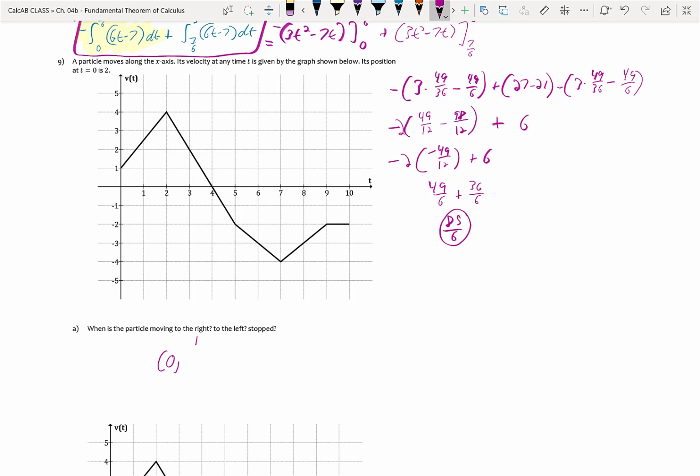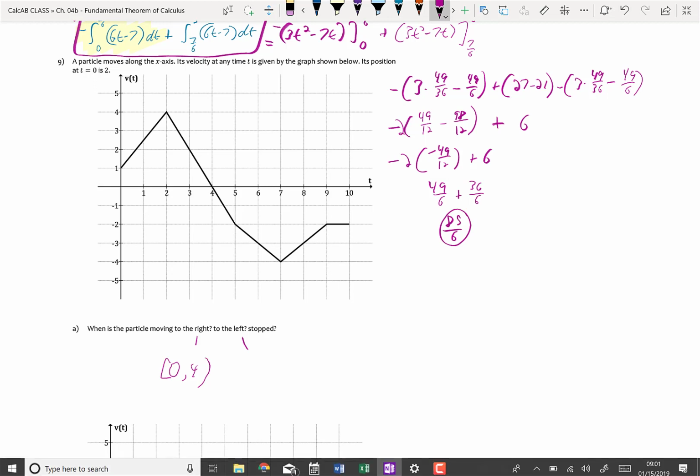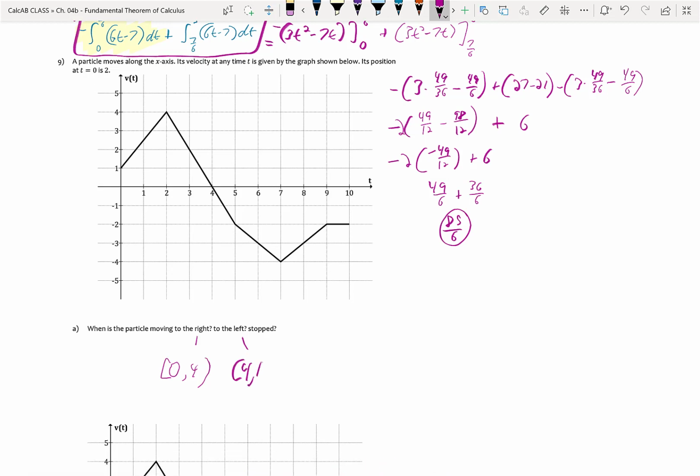So I'm going to just put 0 to 4. Let's include 0 because it's positive there. But let's not include 4 because it's at 0 there. I'm going to do this in interval notation just to change it up, right? 0 to 4. When's it moving to the left? 4 to 10. And when's it stopped?